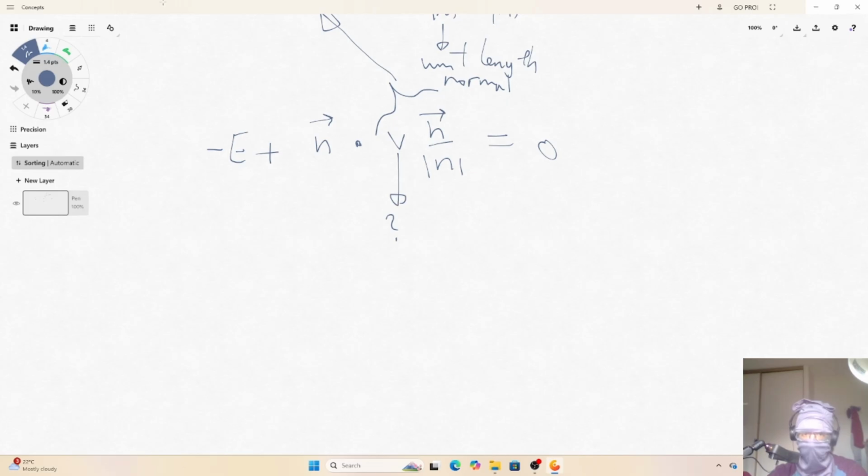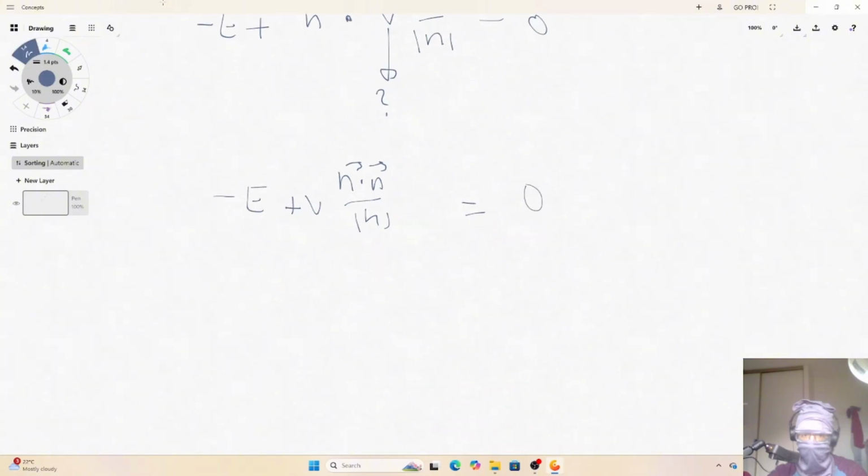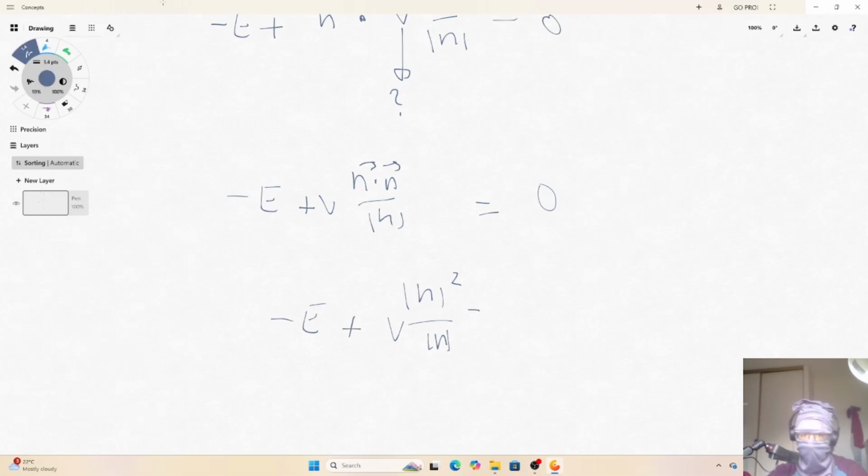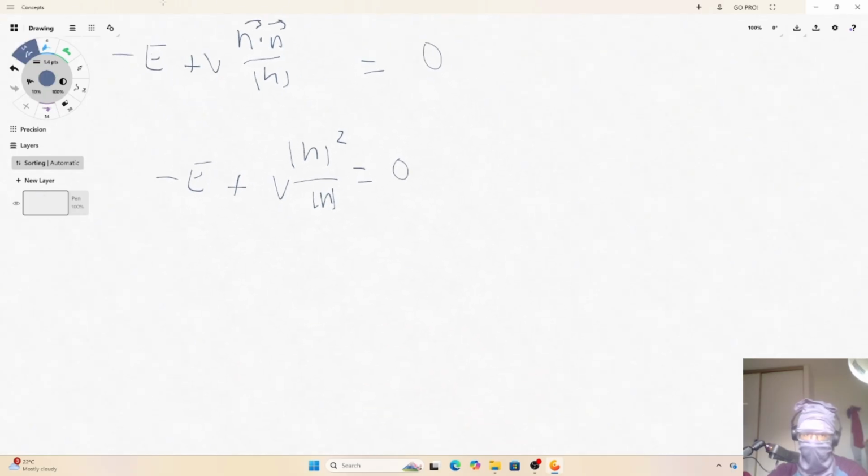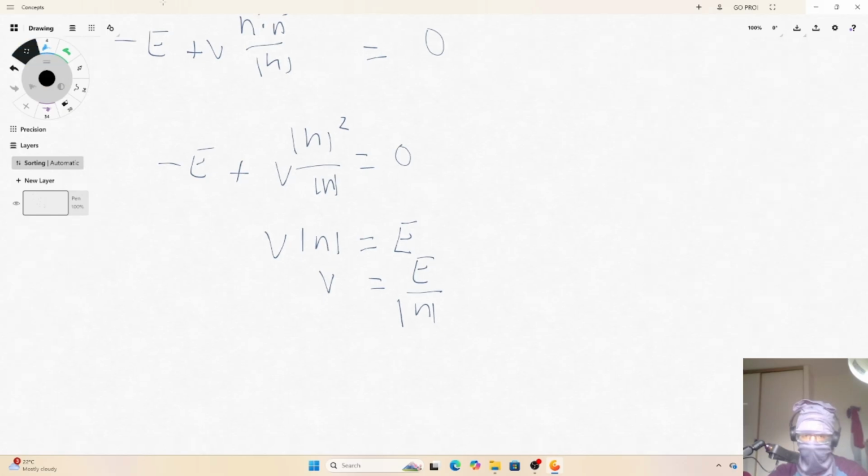So by the product, we can see that v times the absolute value of the normal is equal to E. So v is equal to E over the absolute value of the normal.